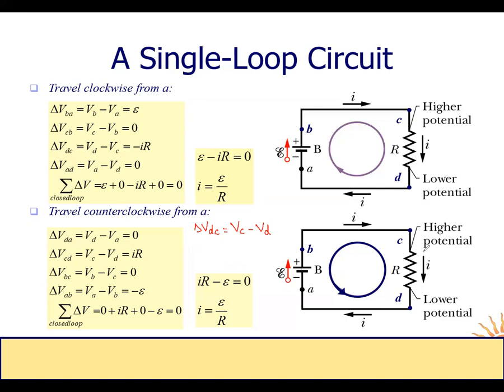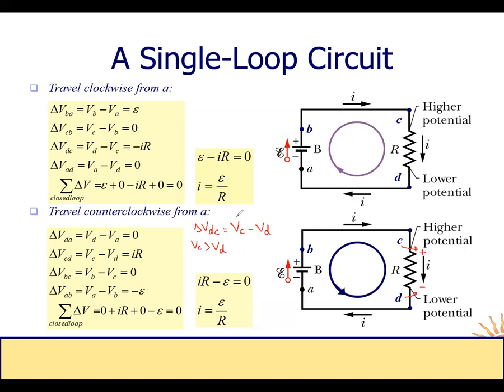The current must go from the positive side to the negative side. So the voltage of C is higher than the voltage of D. VC is higher than VD.